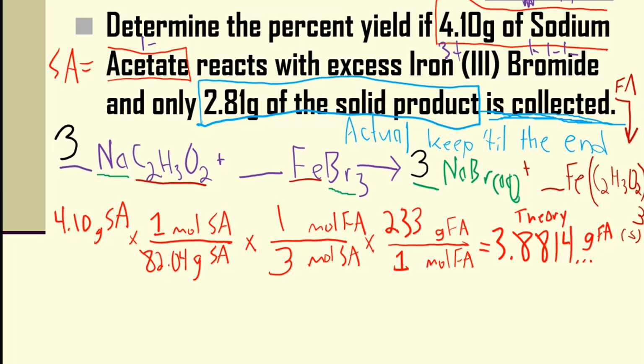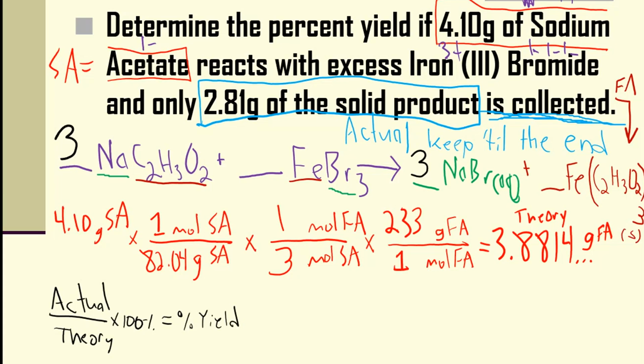Now, if we remember, this we've done before. We did chapter 3 over here to make the equation, chapter 4 stoich over here. And so the new part that we're doing for this is just an extra step at the end where we do actual over theory times 100% equals our percent yield.